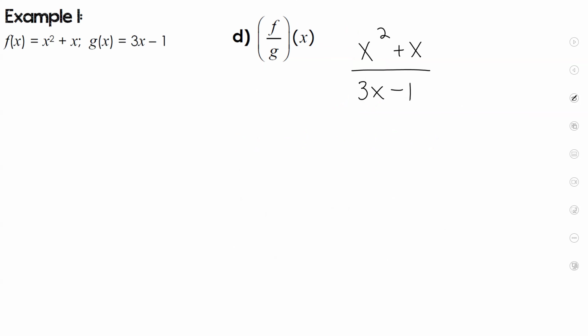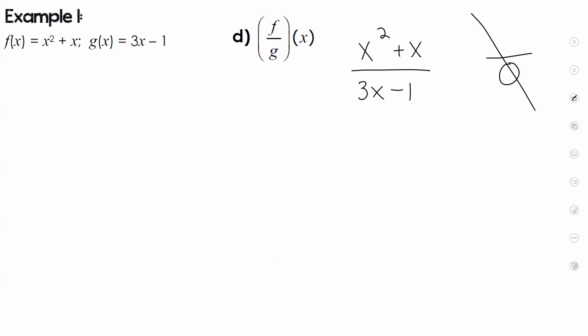Now, there is a rule whenever you divide. What can you not do when you're dividing anything? Zero. Yes, you cannot divide by 0. 0 cannot be in the denominator. You can't do that.